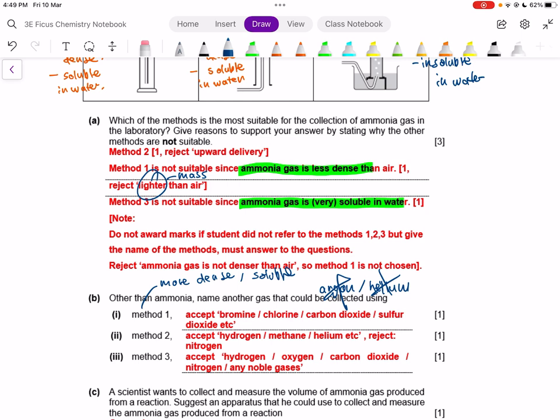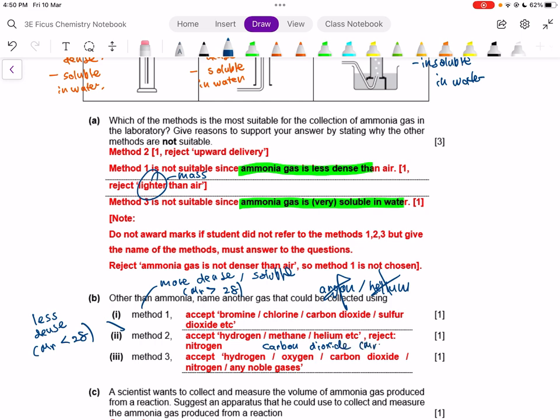Let me see some of your answers. So more dense means the Mr must be more than 28. Then this one is all the less dense ones, Mr less than 28. Some of you put carbon dioxide down here, cannot.